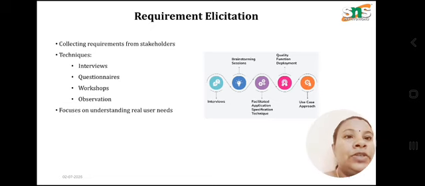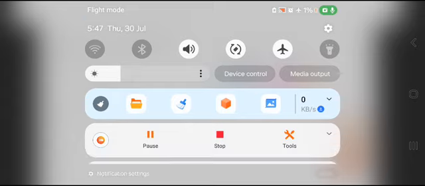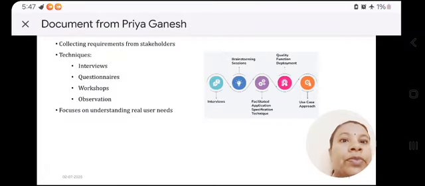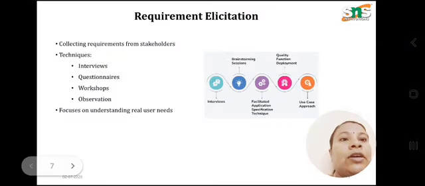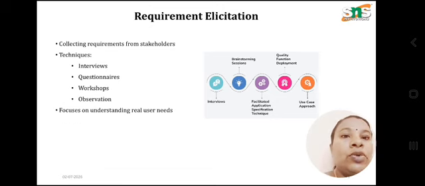So this is the first phase, requirement elicitation, which means collecting requirements from the stakeholders. The techniques, how we collect the requirements, include interviews, questionnaires, workshops, observation. Focus on understanding real user needs.